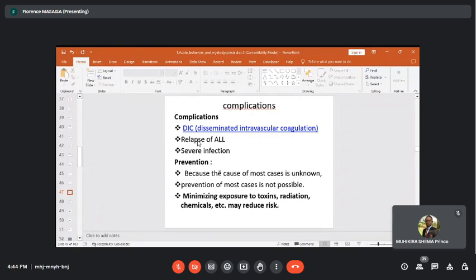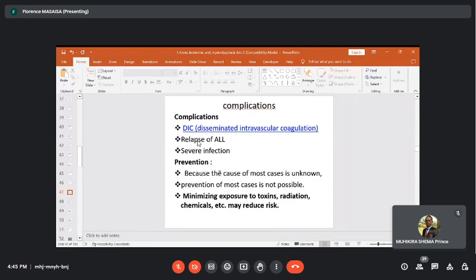DIC, I mean. So I said that those leukemic cells produce a high number of cytokines. Then the cytokines may induce the liberation of tissue factor. You remember the cascade of coagulation? The intrinsic part of coagulation, do you remember? So it may induce the liberation of tissue factor in the bloodstream, causing the activation of coagulation cascades.